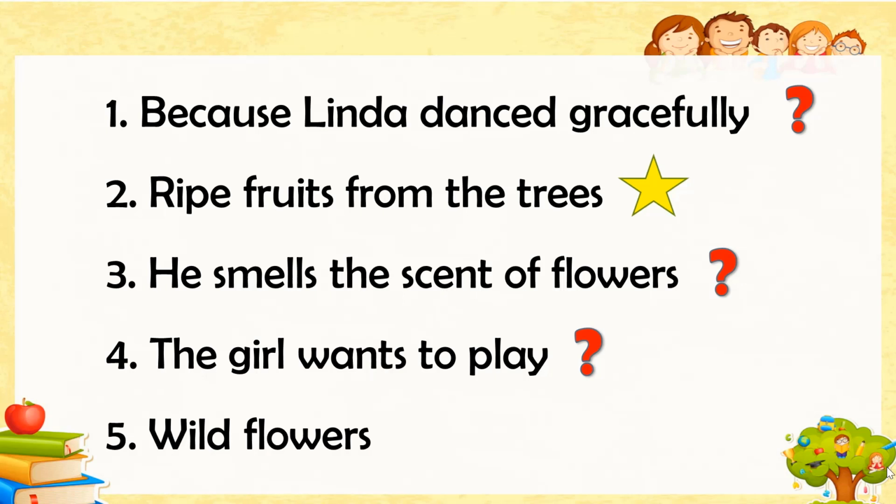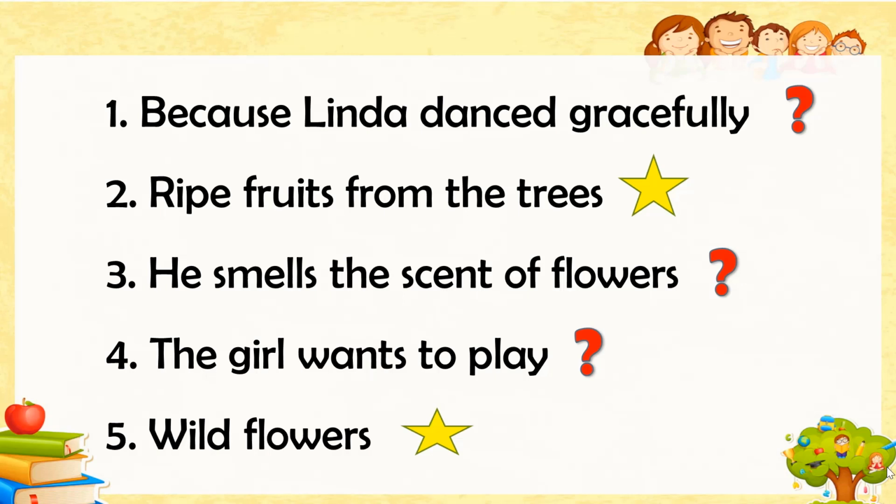Because this expresses a complete thought. It also has a subject, the girl, and a verb, wants. For the last one, what should we draw? Yes, a star. It is an example of a noun phrase. It does not have a subject or even a verb. It is a group of words that function as a noun.